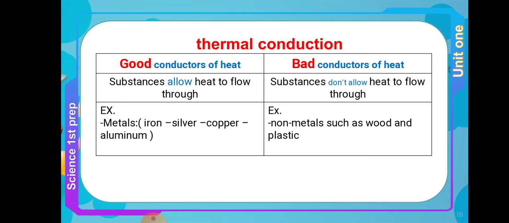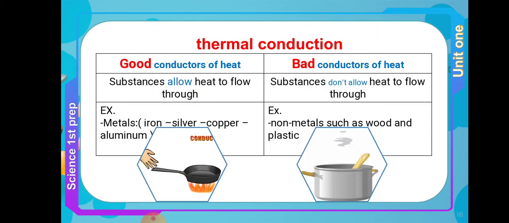These are substances which allow heat to flow through. But bad conductors of heat are substances which don't allow heat to flow through. Let's take examples of good conductors such as iron, silver, and aluminum, but bad conductors such as non-metals like wood and plastic.